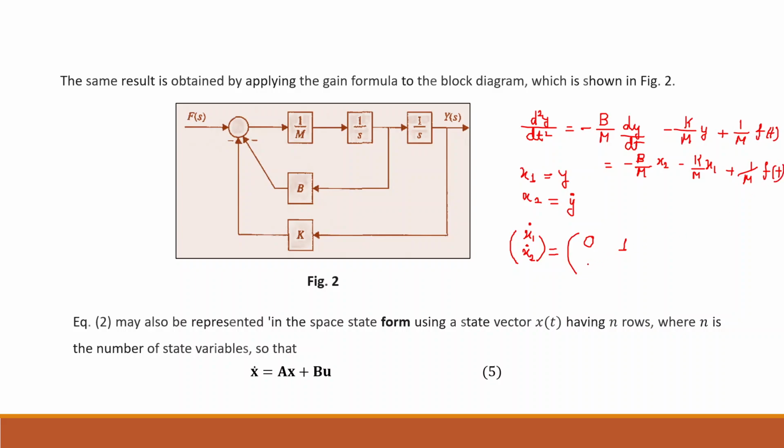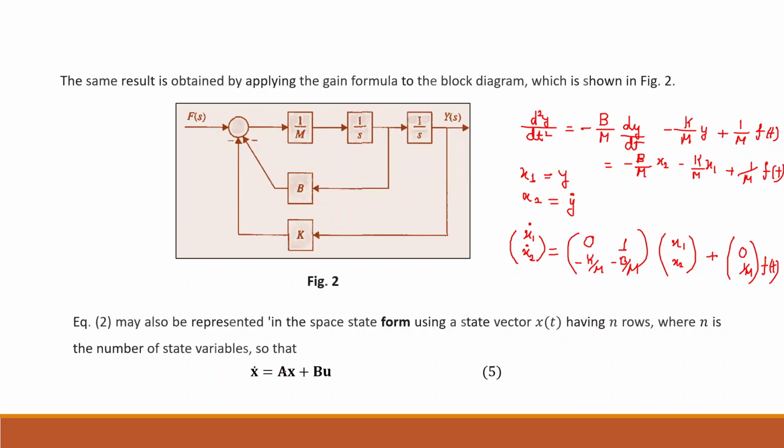So from here I can write this as minus k by m, minus b by m, x1 x2, plus 0, 1 by m, f of t. This is my state space representation.